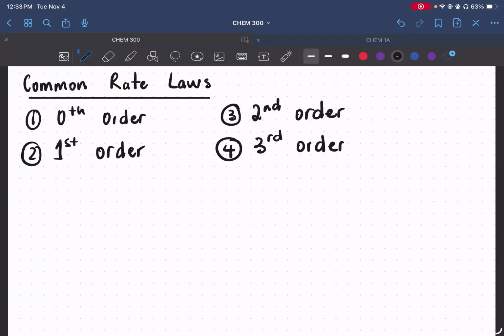Although you can go beyond, you can go 4th, 5th, and 6th, that is out of scope for this class. So the extent of these kinds of problems will only go up to a cube.